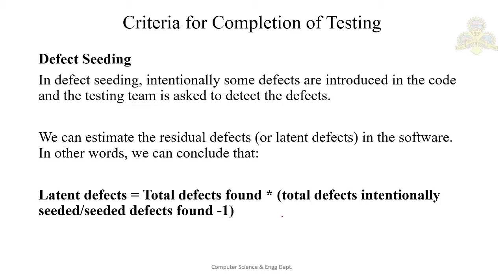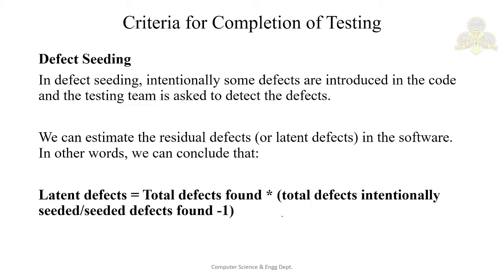For example, if you have 100 defects that are intentionally introduced in the code and the testing team is able to find 90 of the 100 defects, then we can conclude that 10% of the intentionally introduced defects are undetected. That means it is likely that 10% of the actual defects are not detected by the testing team.